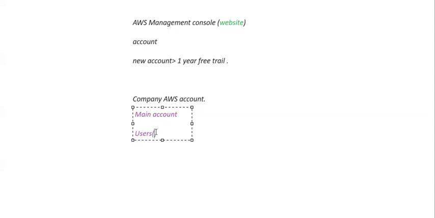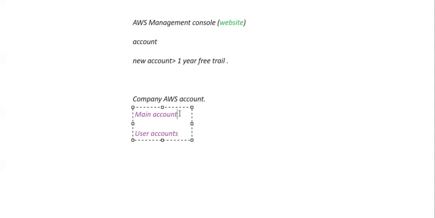Yes, these are user accounts only. Then only you can log in, right? To log in you need to have some credentials. So the main account needs credentials and the user account also needs credentials. That's why we call these users user accounts, which are created from the main account.